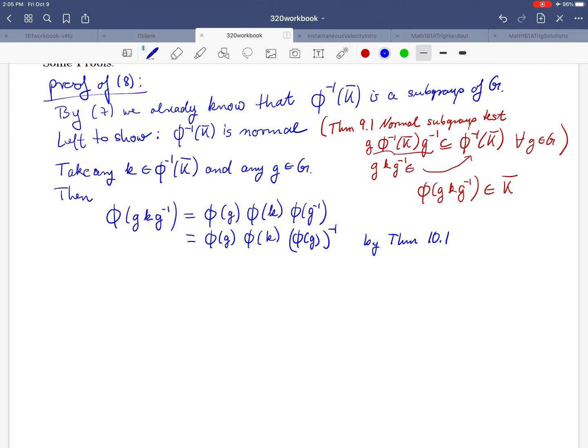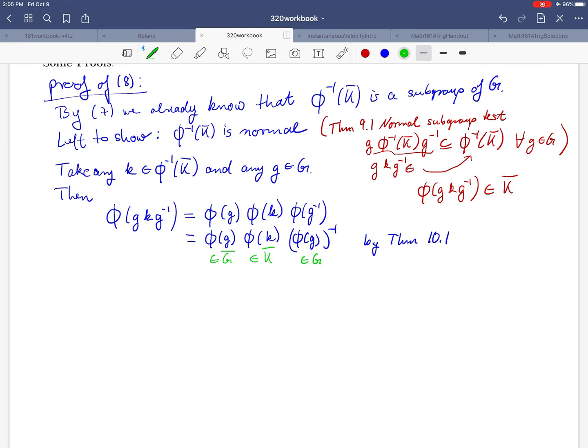But what about this element right here? So phi of G, that's an element in G bar. Phi of K, that's an element in K bar. And phi of G, inverse of that, is an element in G bar.